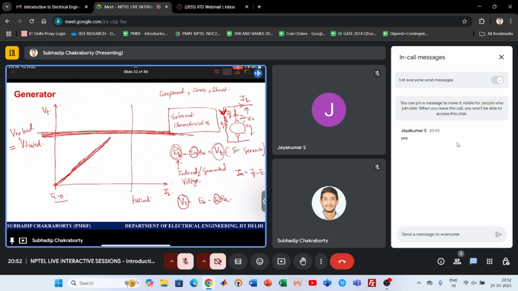So as you increase the load current, what will happen? For a given speed and given flux, if you try to increase the load current, your voltage will decrease, right?